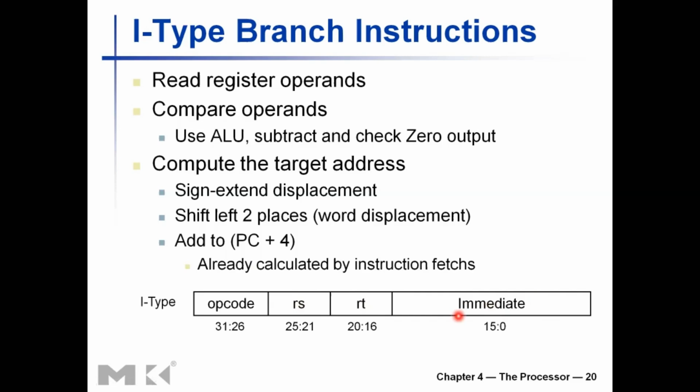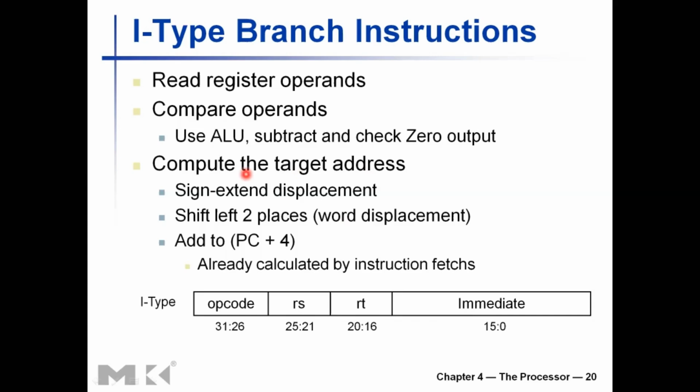So we are talking about two basic branch instructions: branch if equal and branch if not equal. There are other types like branch if greater than, but what we are really interested in are branch if equal and branch if not equal.